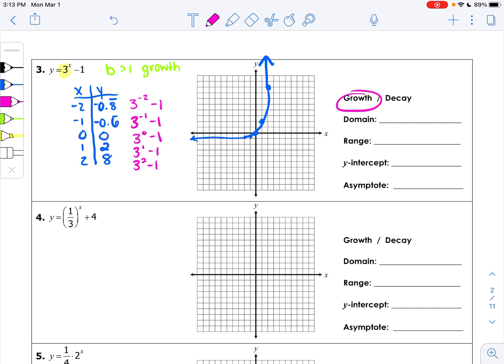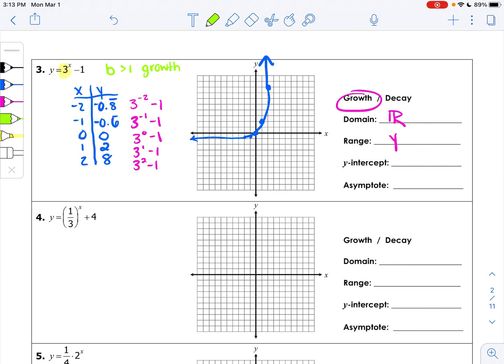Our domain again is going to be all real numbers, because as we move across that x-axis, we can always hit our function. Our range in this one's going to be a little bit different. So we know range is y. And if I look at my y-axis, it's all of my numbers above -1.